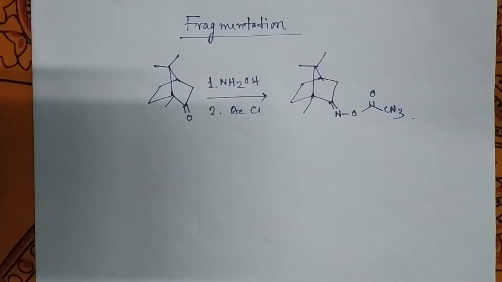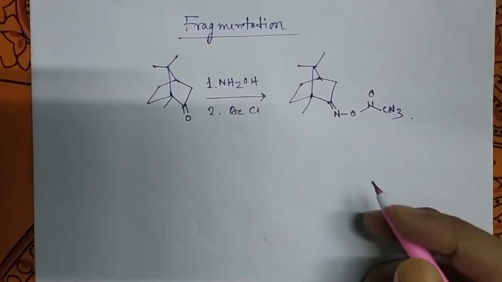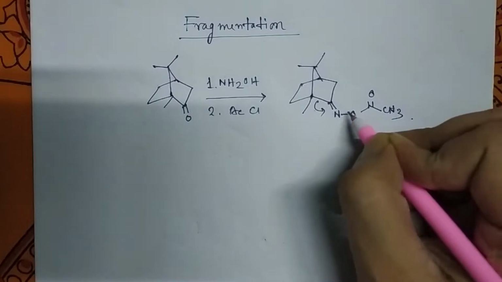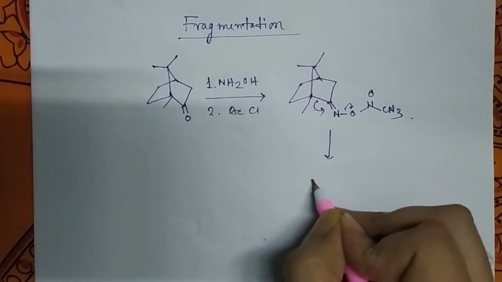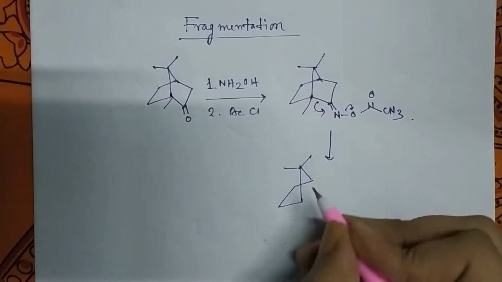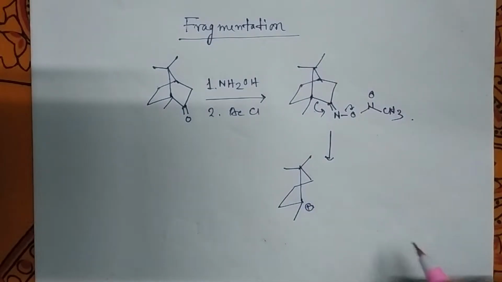As the reaction has to be supported by a stable tertiary carbocation, this bond moves here and acetate leaves. So here forms the 3 degree carbocation.